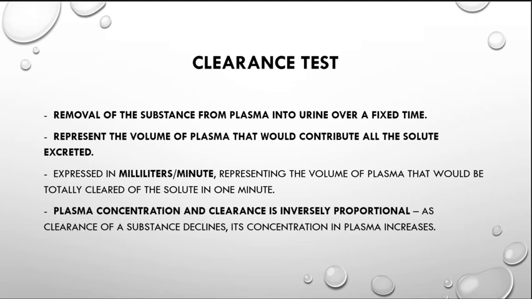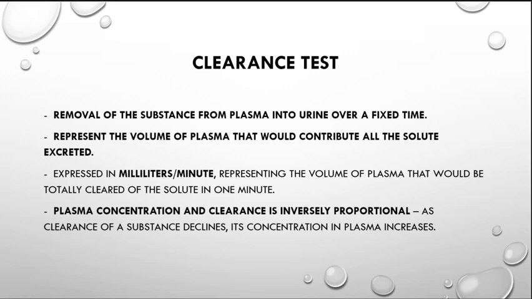So, it is the removal of the substance from plasma into urine over a fixed time. Okay? So, it represents the volume of plasma that would contribute all the solute excreted. It represents the volume of plasma that would be totally cleared of the solute in 1 minute. Take note, plasma concentration and clearance is inversely proportional.